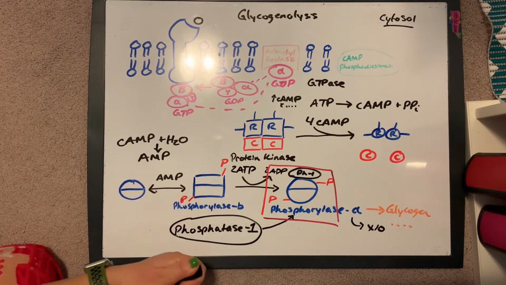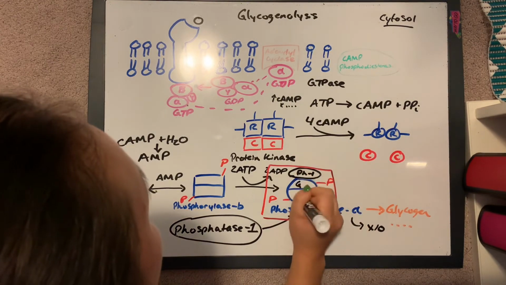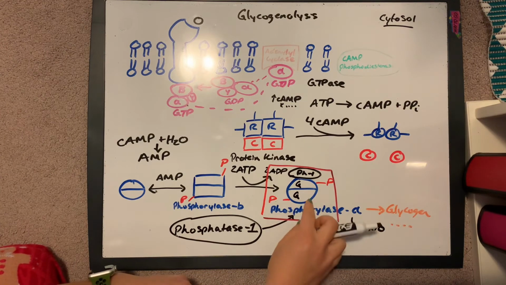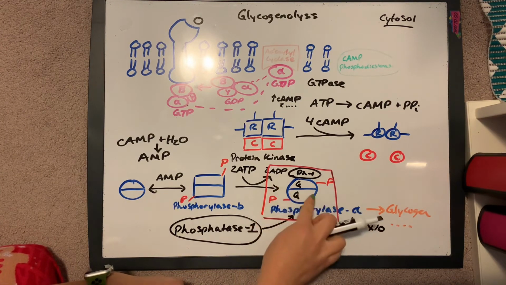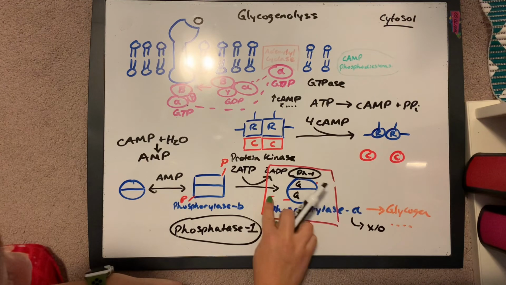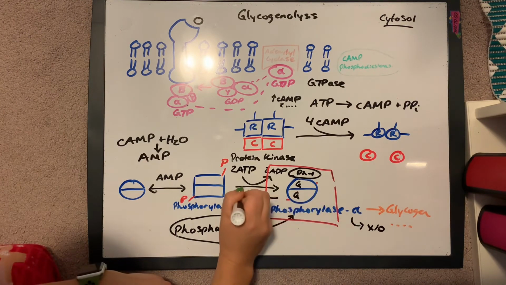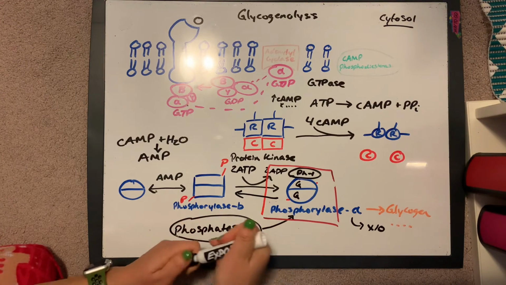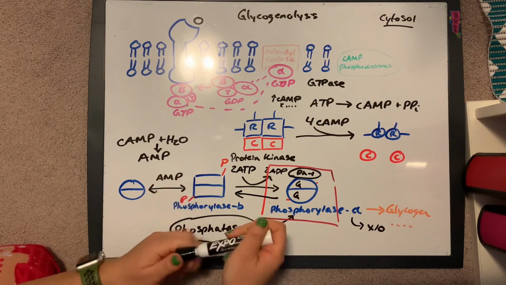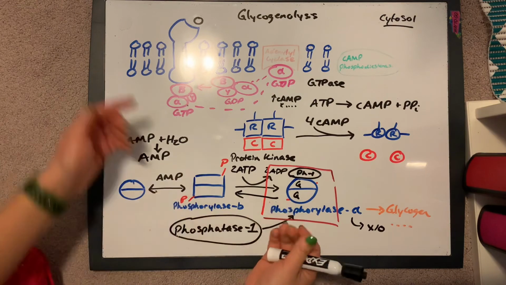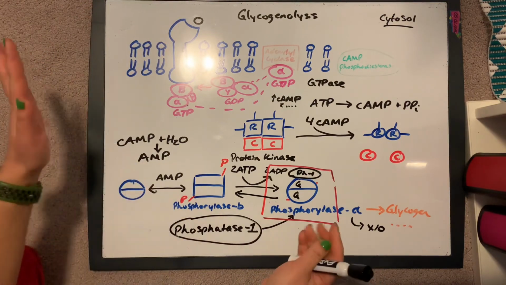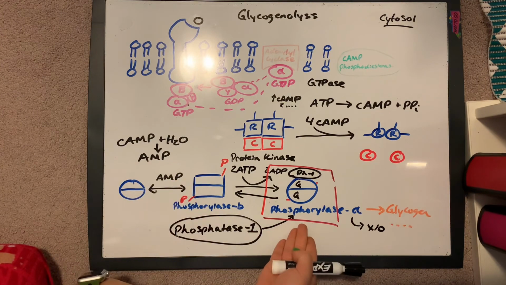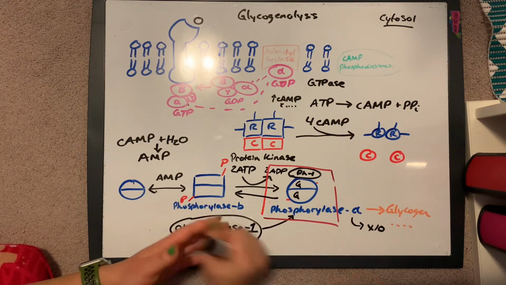So with increased glucose levels, glucose can bind to phosphorylase A, and then it will remove the phosphates and turn it back into phosphorylase B, which inhibits the reaction. So in order to control this, if glucose levels are low, it's going to release glucagon so that this reaction continues or starts, or if glucose levels are high, it will inhibit the reaction, and then you won't have any glycogen released as glucose.